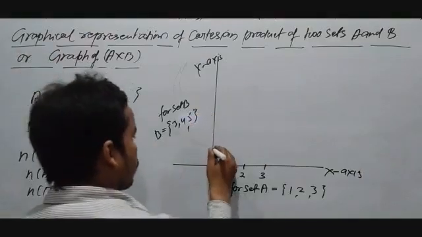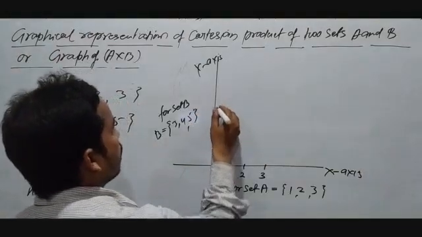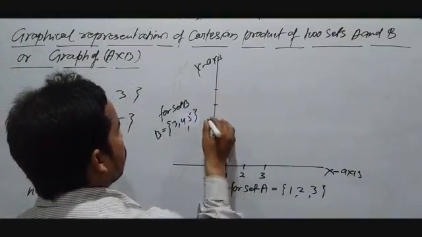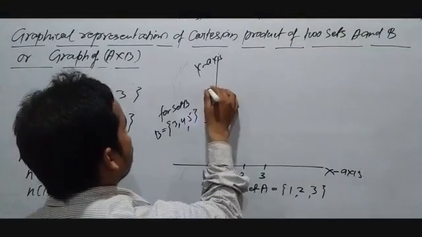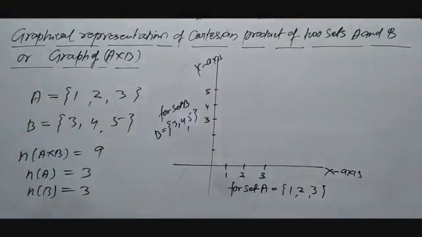Now 1, 2, 3, 4, 5. So 3, 4, 5. So you have the points.